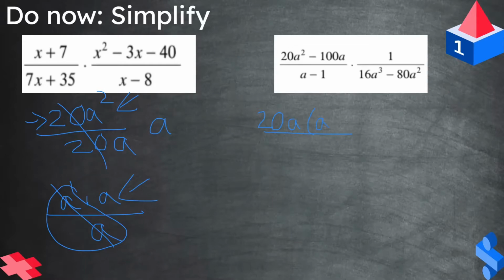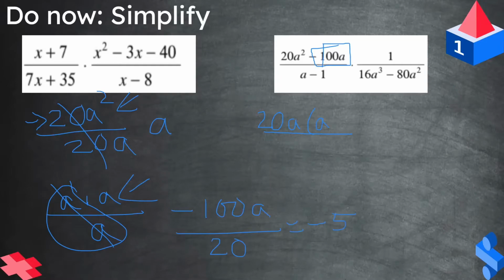And now let's look at the second term. It's negative 100a. If I divide it by my GCF, which was 20a, I'm supposed to get negative, because a negative number divided by a positive number gives you negative. Then 100 divided by 20 is 5.